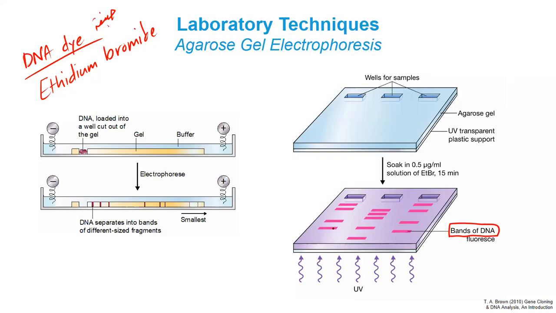Okay? So each band represents millions of copies of DNA fragments having the same size.